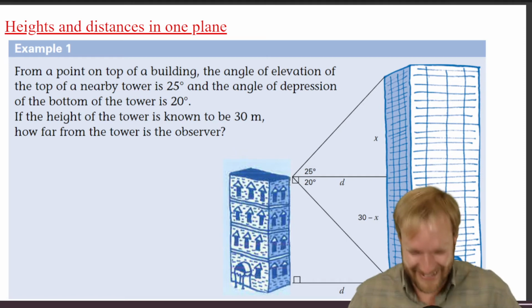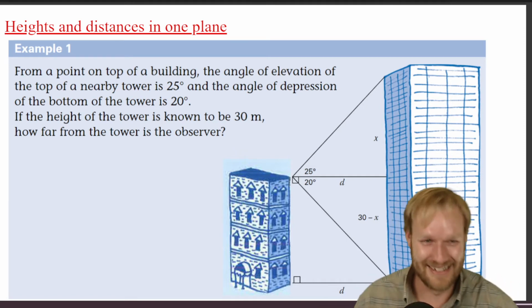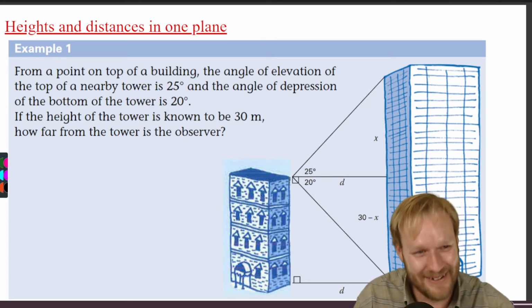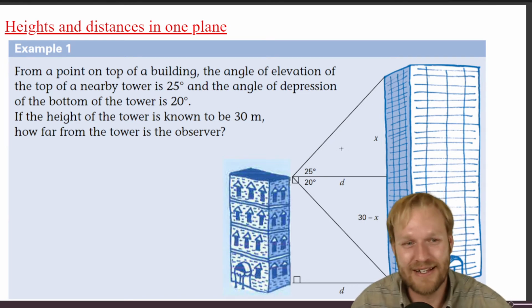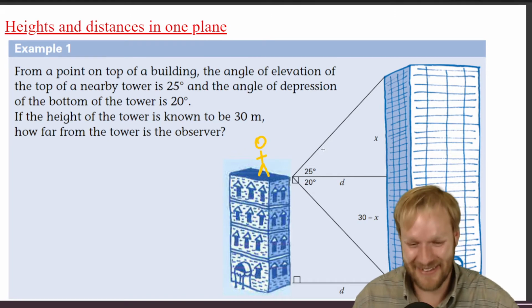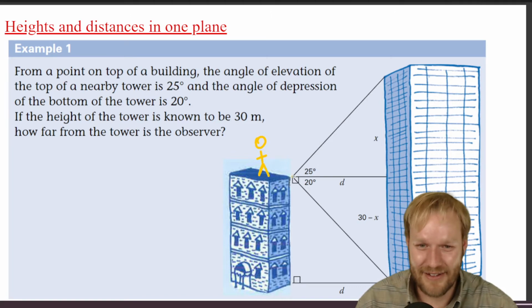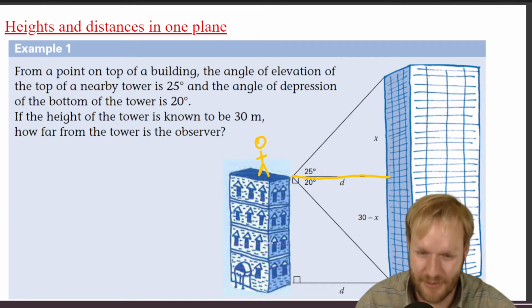Okay, so there we were, standing on top of that building. Out of this whole story, we get given the picture. This person is standing over there, and if you drew a line straight across, that's the distance from one building to the other.